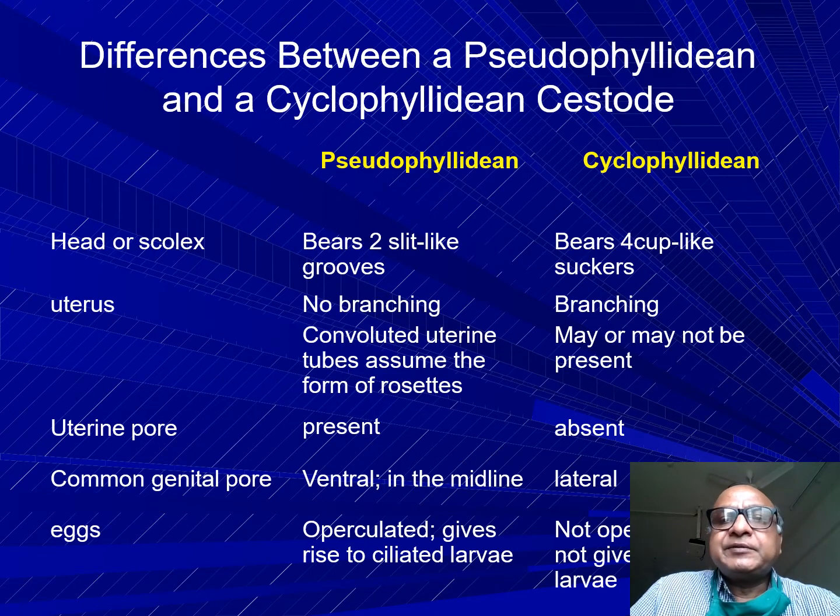There are many differences between pseudophyllidean cestodes and cyclophyllidean cestodes, not all of which I will cover. The only thing to remember is that the head contains bothria in pseudophyllidean, which are two slit-like grooves working as an attachment organ, whereas cyclophyllidean have four cup-like suckers, and eggs are operculated in pseudophyllidean and not operculated in cyclophyllidean.